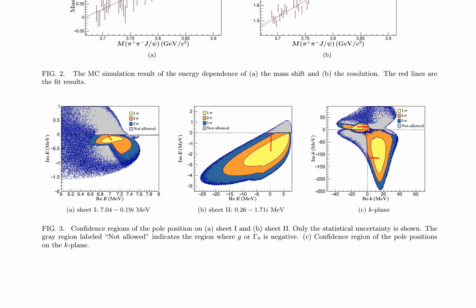The K-plane representation in Figure 3c offers an alternative visualization of the pole position confidence regions. These results provide valuable insights into the energy dependence of the mass shift and resolution of the D0 D0 π0 and π+ π- J/ψ systems, which can inform future studies and phenomenological analyses.